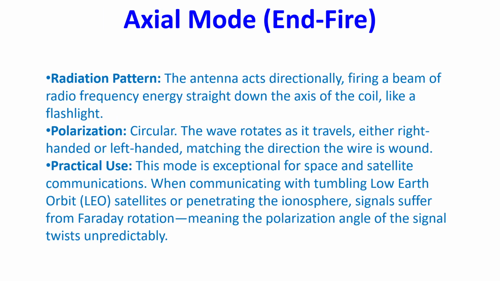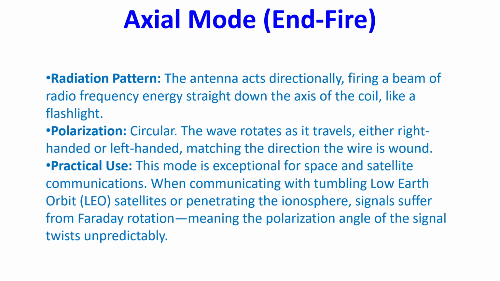Axial mode, endfire. In this mode, the circumference of the coil is roughly equal to one full wavelength and the spacing between each turn is roughly a quarter of a wavelength. Radiation pattern: the antenna acts directionally, firing a beam of radio frequency energy straight down the axis of the coil like a flashlight.